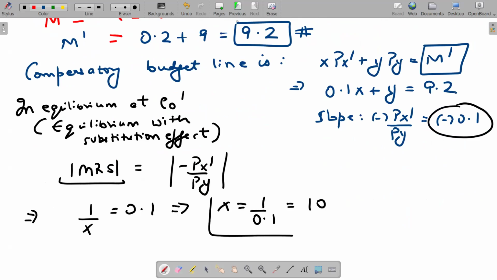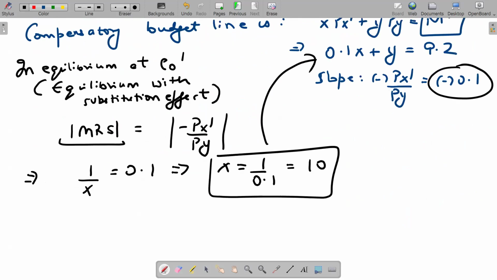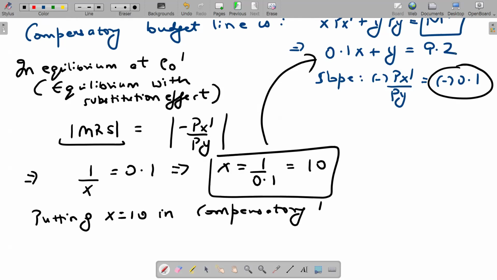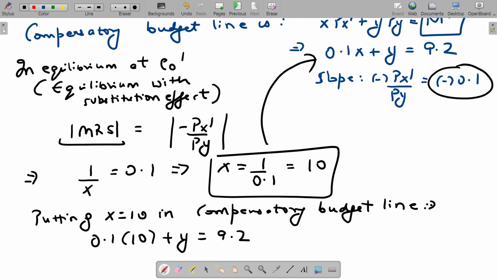Now I put x equal to 10 in the compensatory budget line. So we have 0.1 times 10 plus y equal to 9.2, which implies 1 plus y is equal to 9.2.